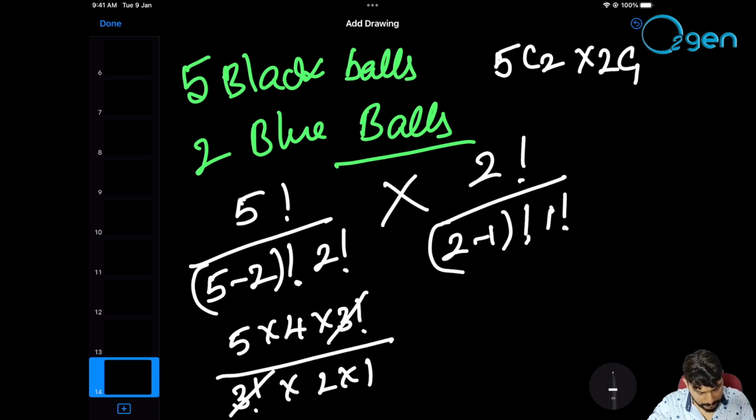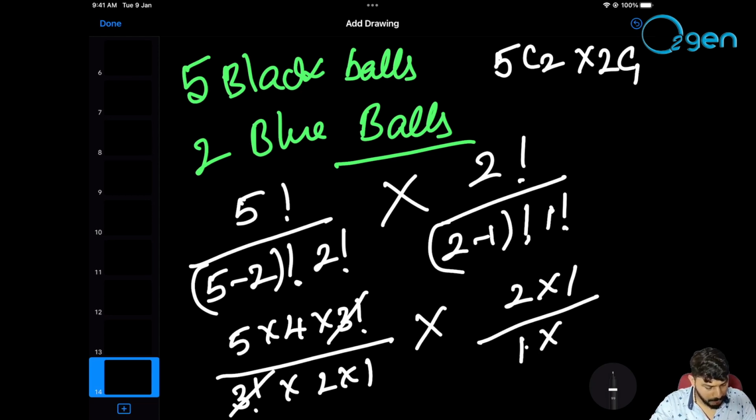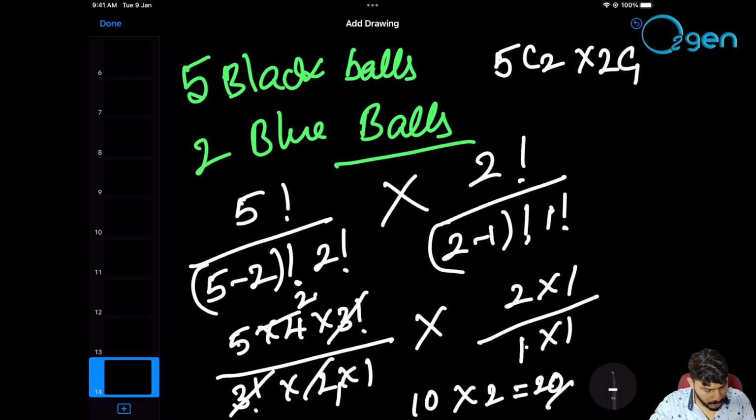The 3 factorials cancel. 2 factorial is 2 into 1, divided by 1 factorial, which is always 1. 5 twos are 10, into 2, you will get 20 different ways. There are 20 different ways to choose 2 black balls and 1 blue ball. I hope you all got this.